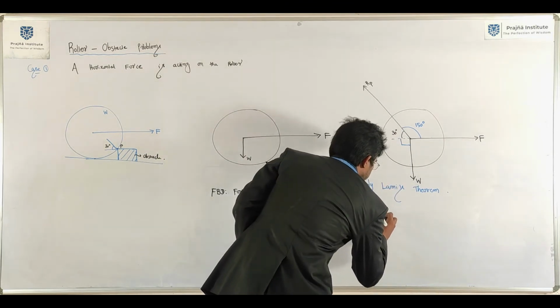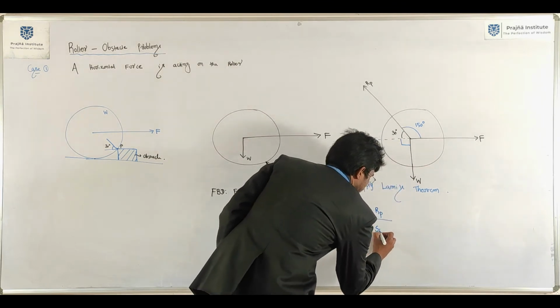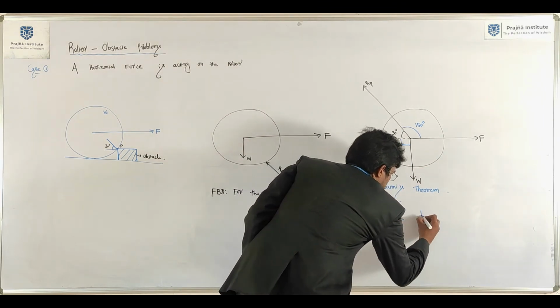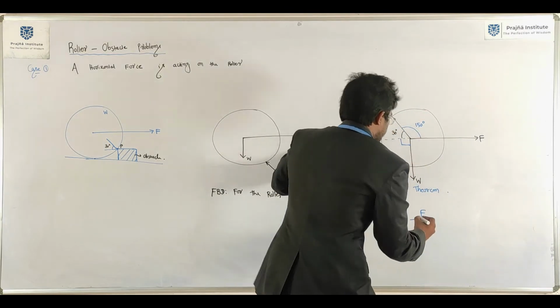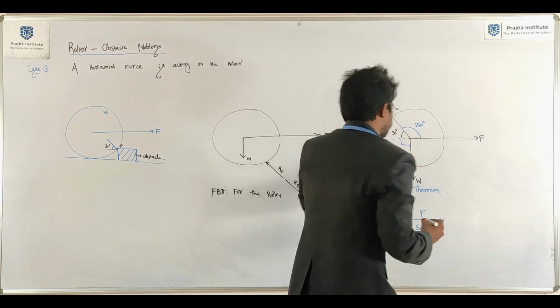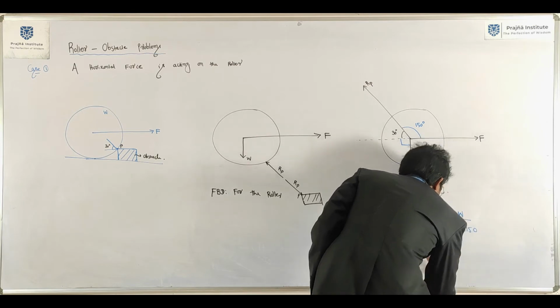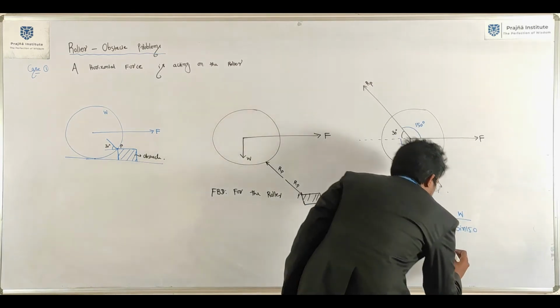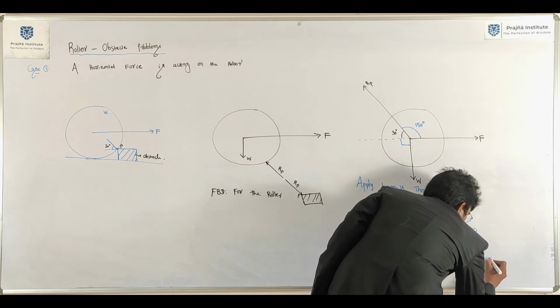Here Rp by sin 90, force F by sin 120 equals W by sin 150. In this case, F is equal to W sin 120 by sin 150.